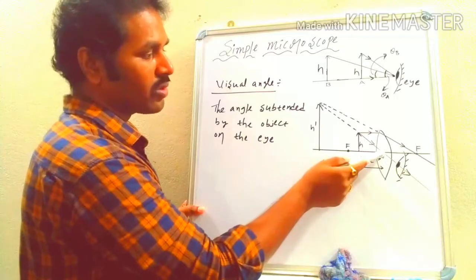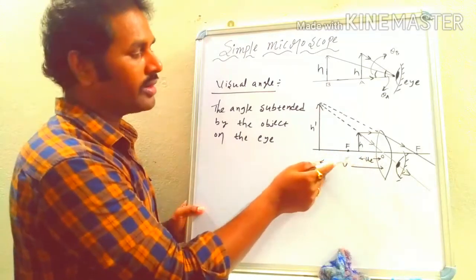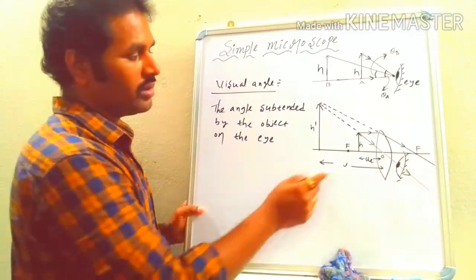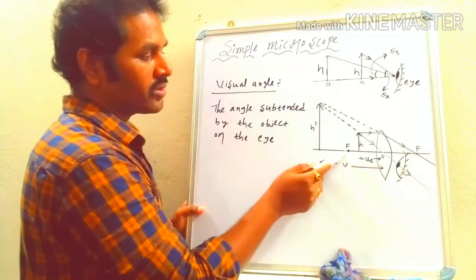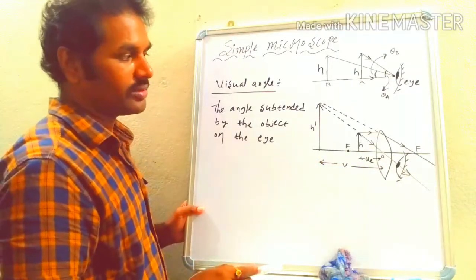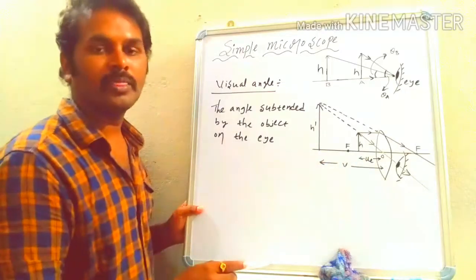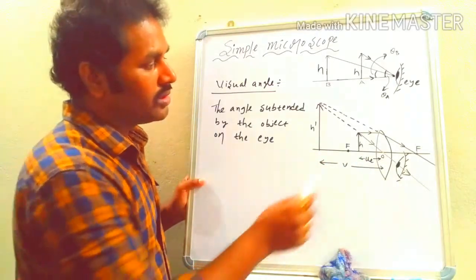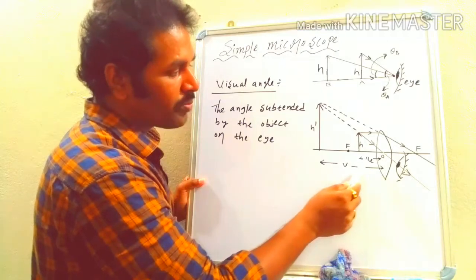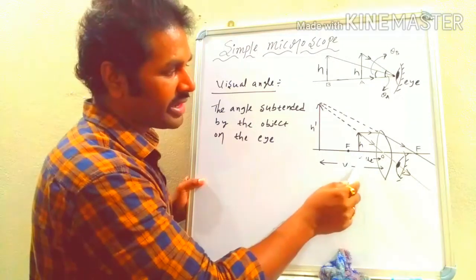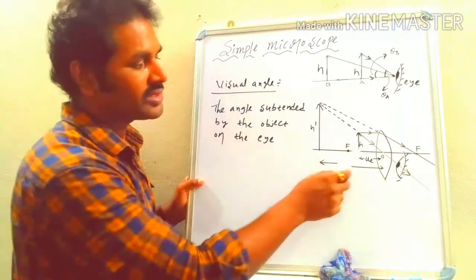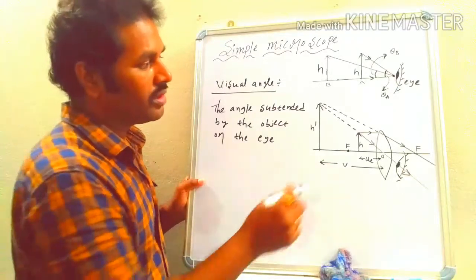You can see the convex lens has its own focal length on both sides. The distance from the optic center to the focus is called its focal length. Now the object is taken within the focal length of the convex lens, and the distance is not mentioned, so let it be taken as u. u is the object distance.